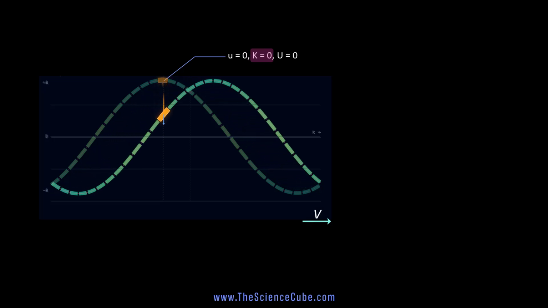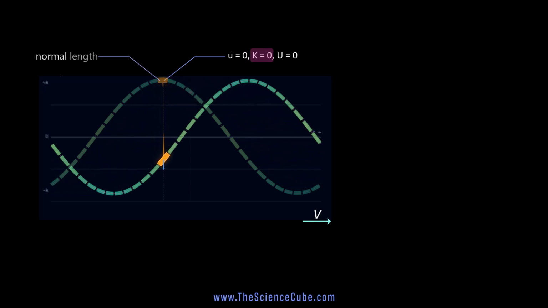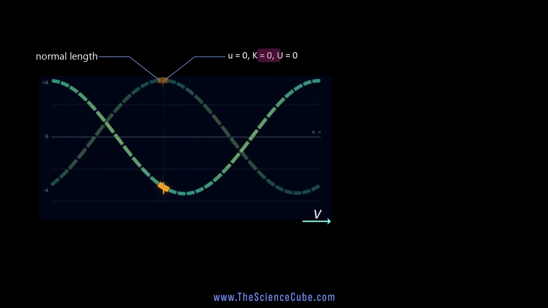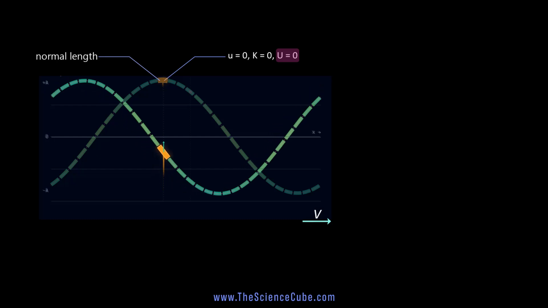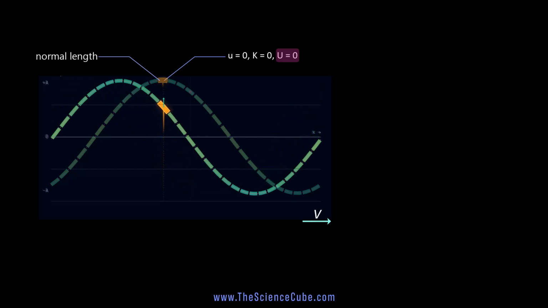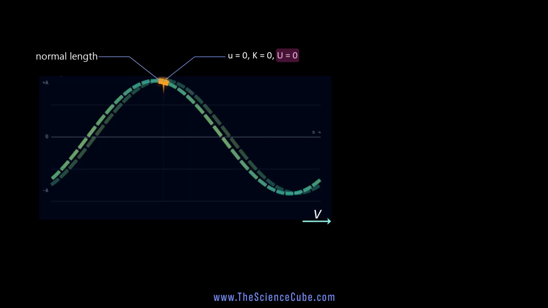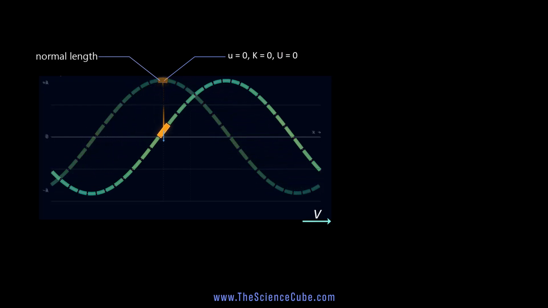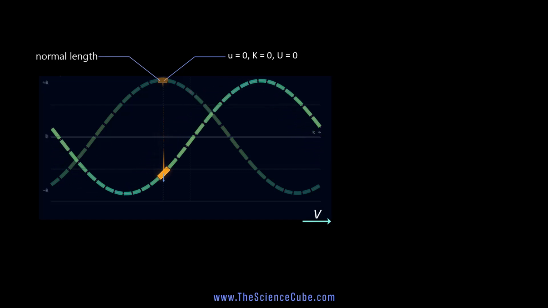It's also at its normal length, that is, it is not stretched, so its elastic potential energy is 0 as well. That is, at the peak, the instantaneous energy density is minimum because both the transverse velocity and the local stretching are 0 at that instant.